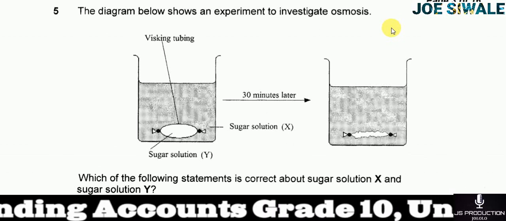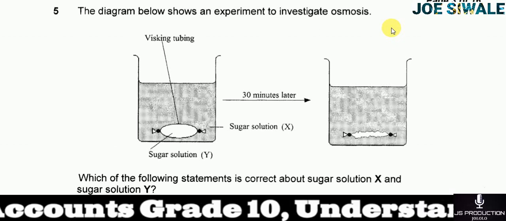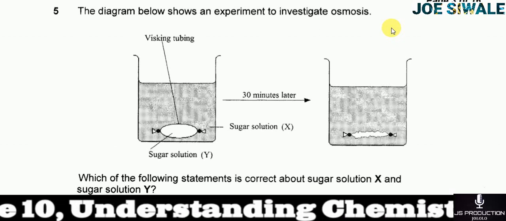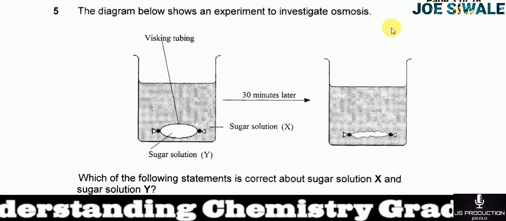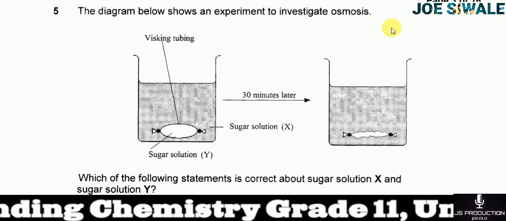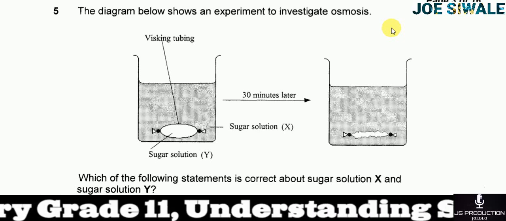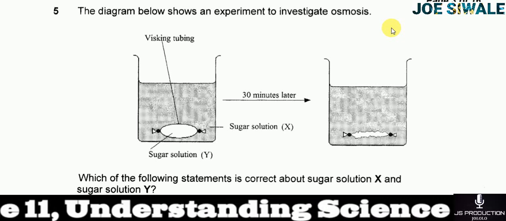The diagram below shows an experiment to investigate osmosis. So I have that diagram. I have sugar solution X, and I have sugar solution Y. I also have the Visking tube.